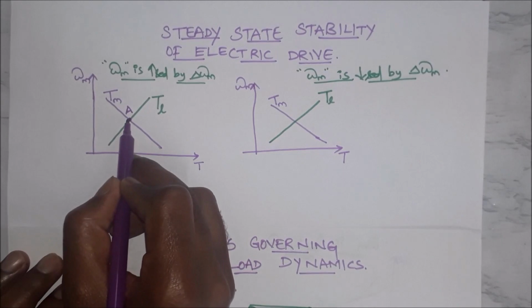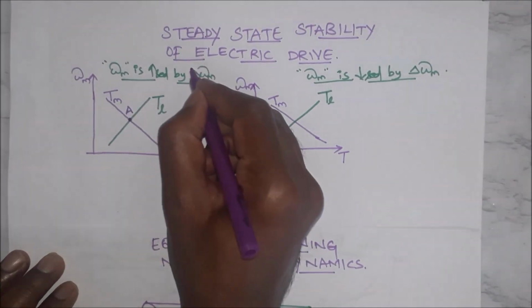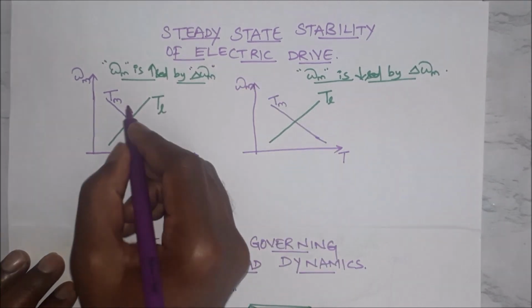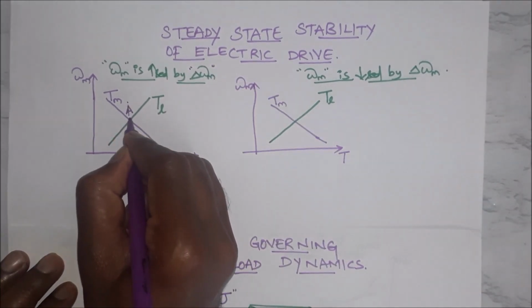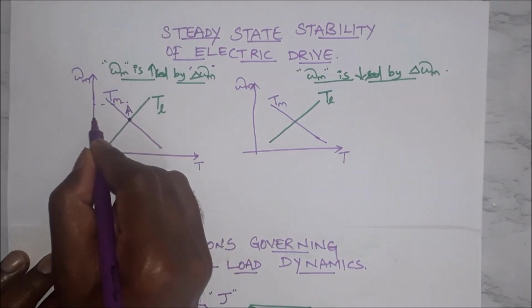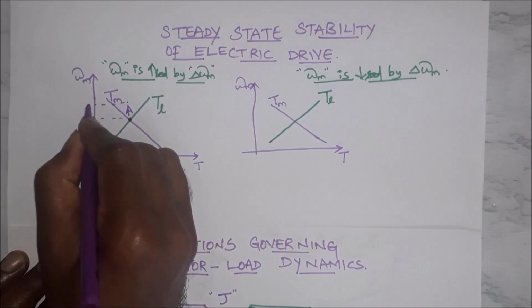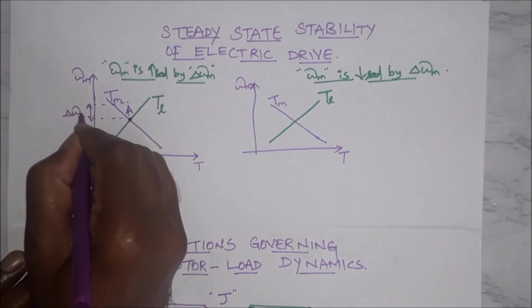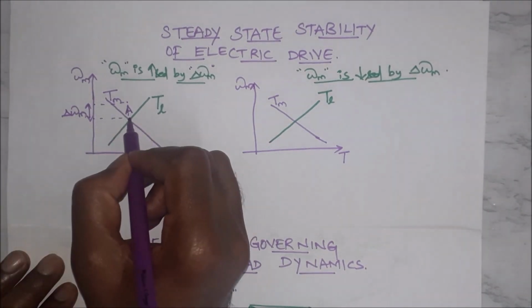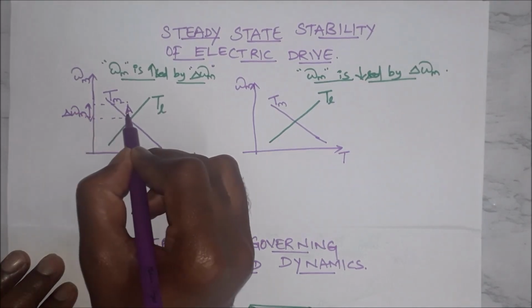So I'm going to increase the speed a little bit by a value of delta omega m. So I have increased the speed. From this point I have increased the speed by a value of how much? Delta omega m. Now the speed is increased from this point to here by a value of delta omega m.